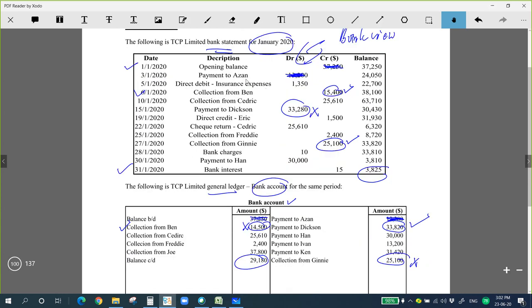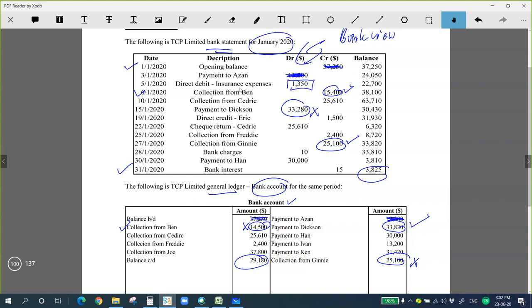No, because you are not aware that you have a payment of insurance expenses. So these are the things that we are going to show in our revised bank account. So we make a circle. Collection from bank, we do the matching and we know that the bank account is wrong, so we are going to adjust the bank account later.